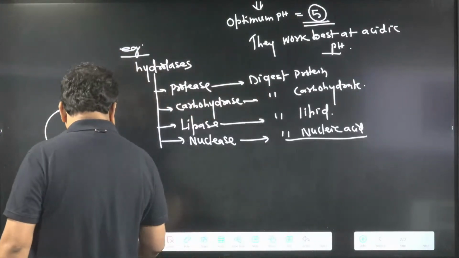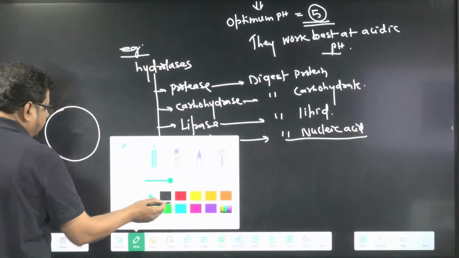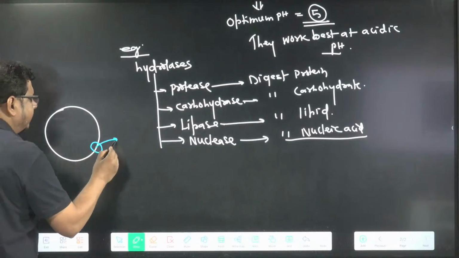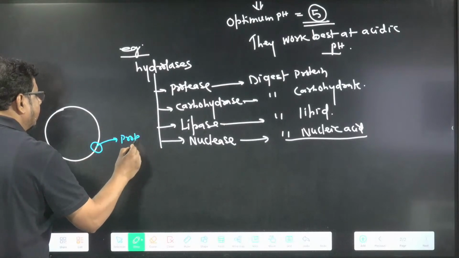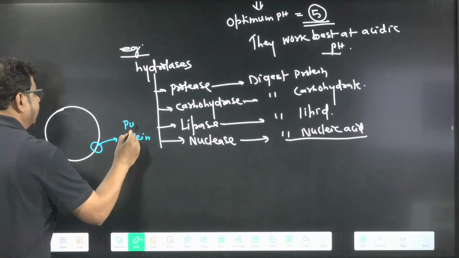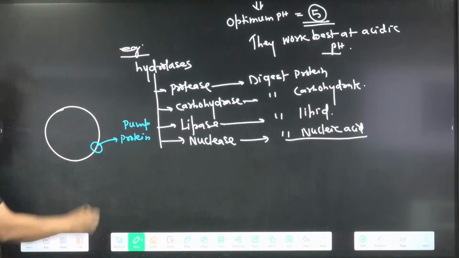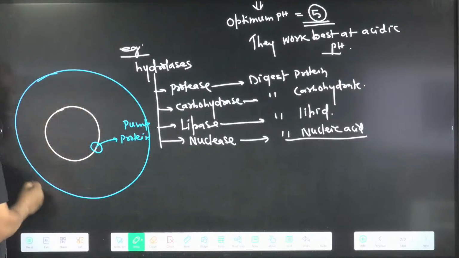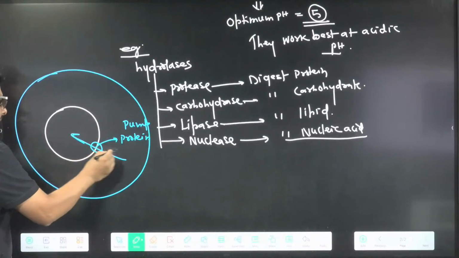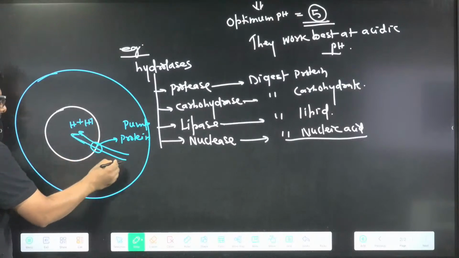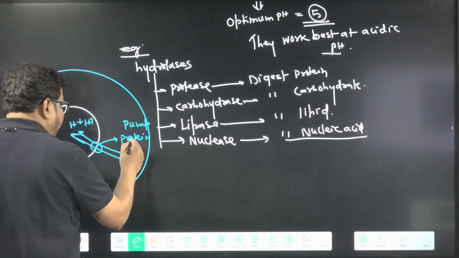So it maintains the acidic pH. How am I telling? There is a protein present in the membrane of lysosome, and that is a pump protein, and this is the cytoplasm. This pump protein is actively pumping H plus ion, proton ion.